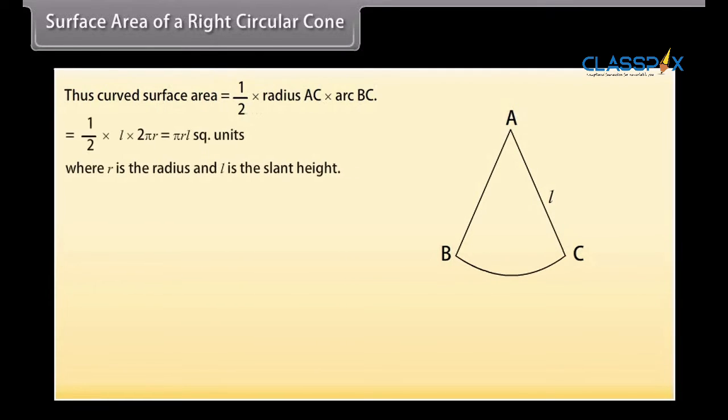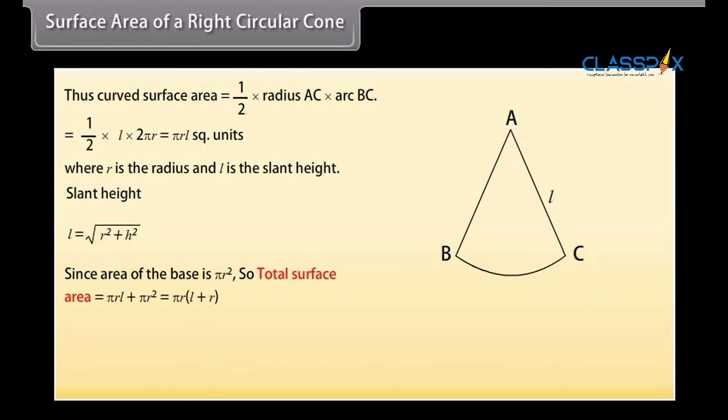This is equal to 1 upon 2 into L into 2 pi r equals pi r L square units, where r is the radius and L is the slant height. And slant height L is equal to square root r square plus h square. Since area of the base is pi r square, the total surface area is equal to pi r L plus pi r square, which is equal to pi r into L plus r.